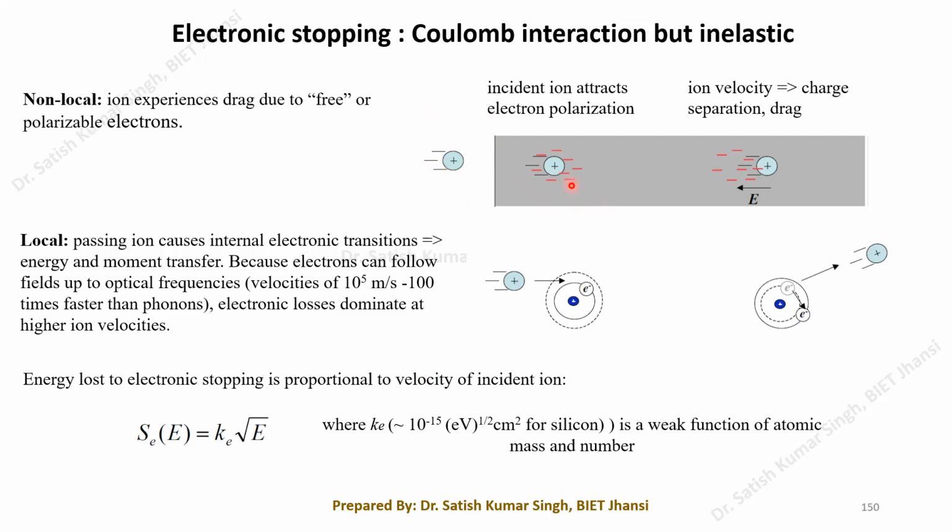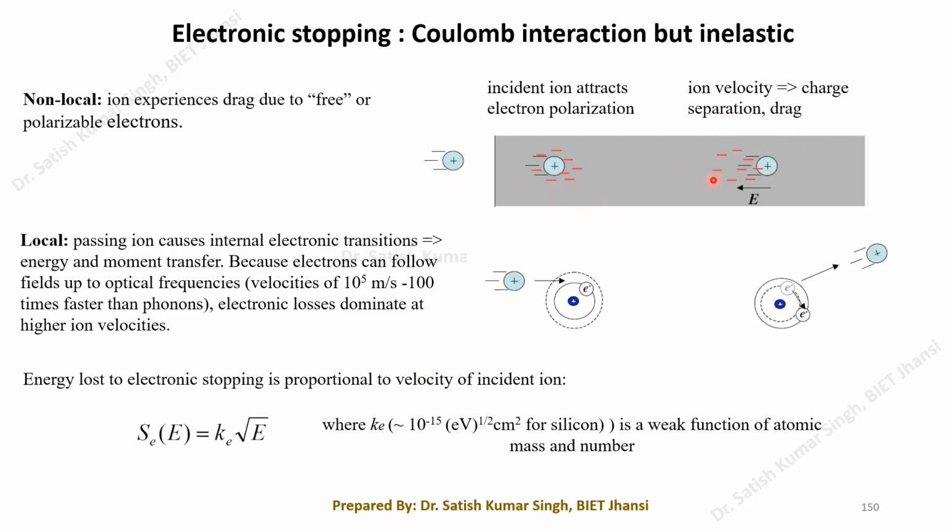Once the polarization takes place, as the ion travels, all the nearby electrons are attracted towards it, and that force is called the drag force. It is dragging the electrons.